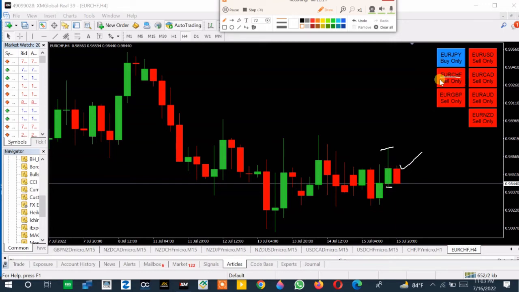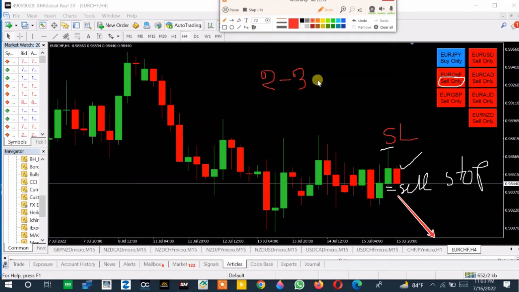So here we write sell only, a sell stop. Our stop loss goes at this candle's high, and our target will be the next support area or 2 to 3 times our stop loss.